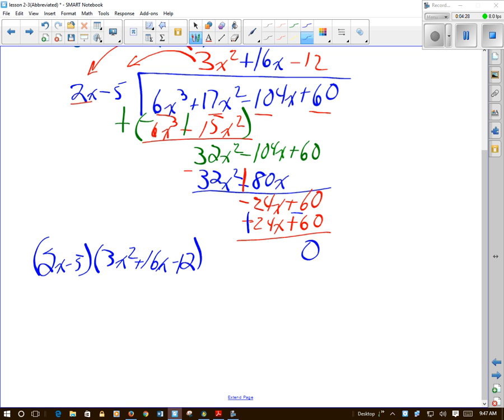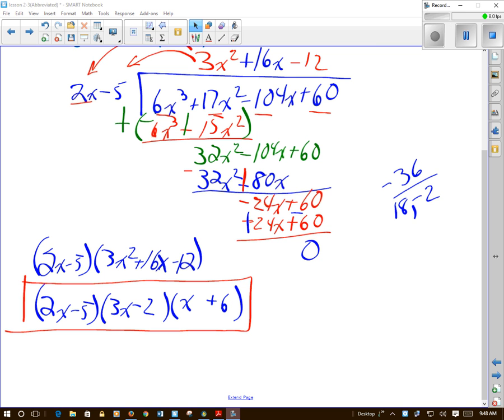So take a moment to pause the video and finish factoring this, and then come back for the answer. And so we see that factoring the remaining trinomial then gives us the 2x minus 5 times the quantity 3x minus 2 times the quantity x plus 6.